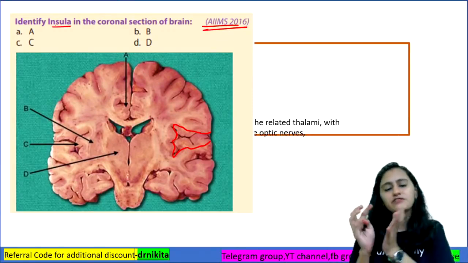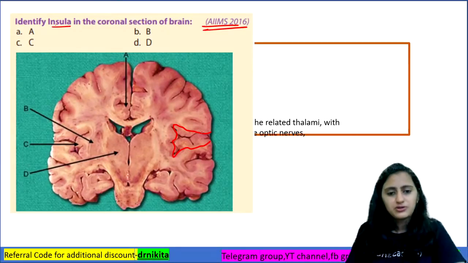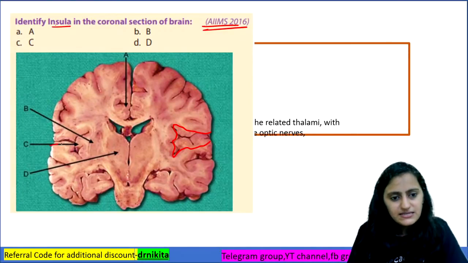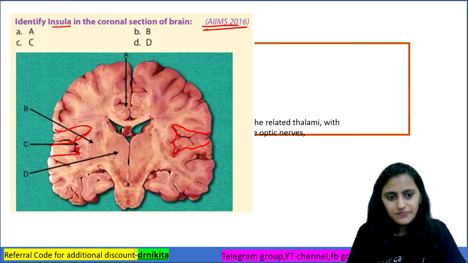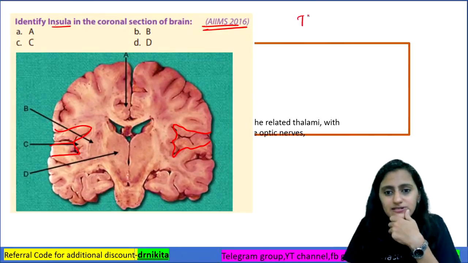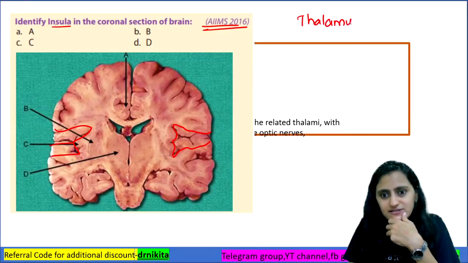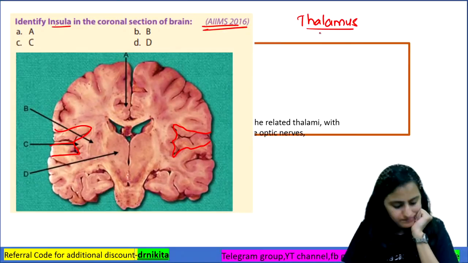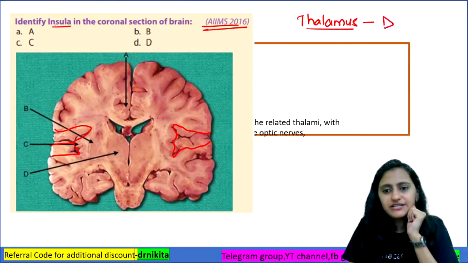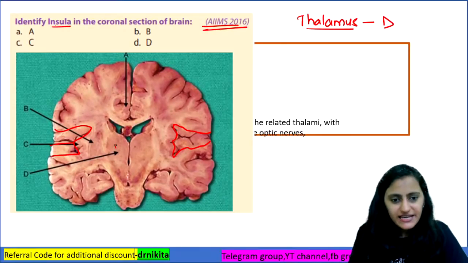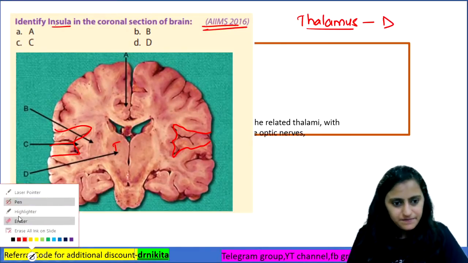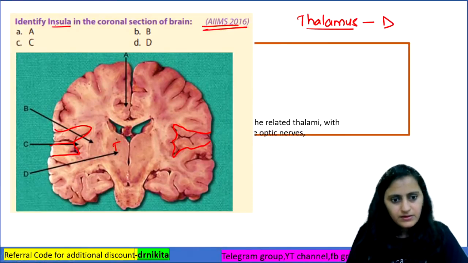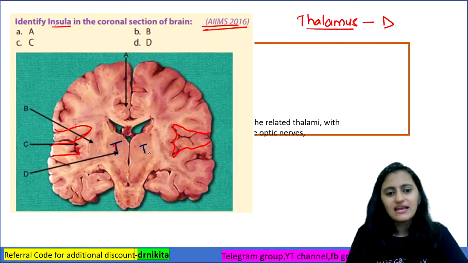So it's the island of the brain where you have the three lobes coming together. So this structure C is the insula, right? And if the question now is which structure is the thalamus? It is structure D. So D is the thalamus.